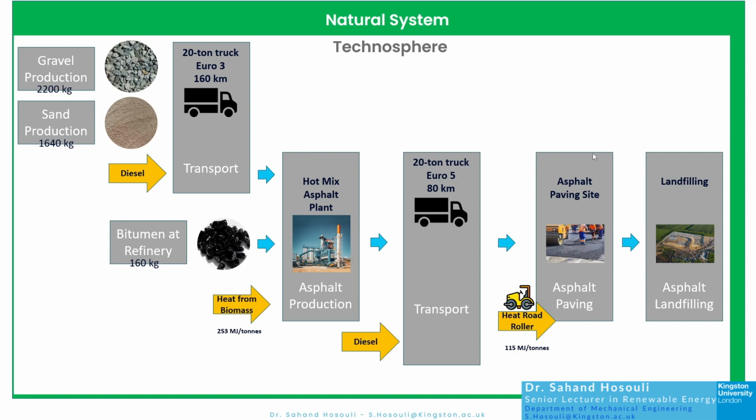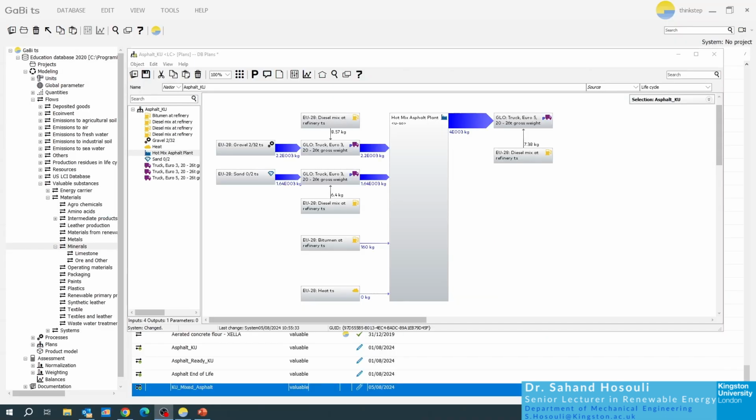So we're going to come back now to GaBi and try to model the asphalt paving site. Perfect. Coming back to GaBi software now, we need to model our asphalt paving site. For this one, because we don't have it available in the GaBi library, we need to create it ourselves.